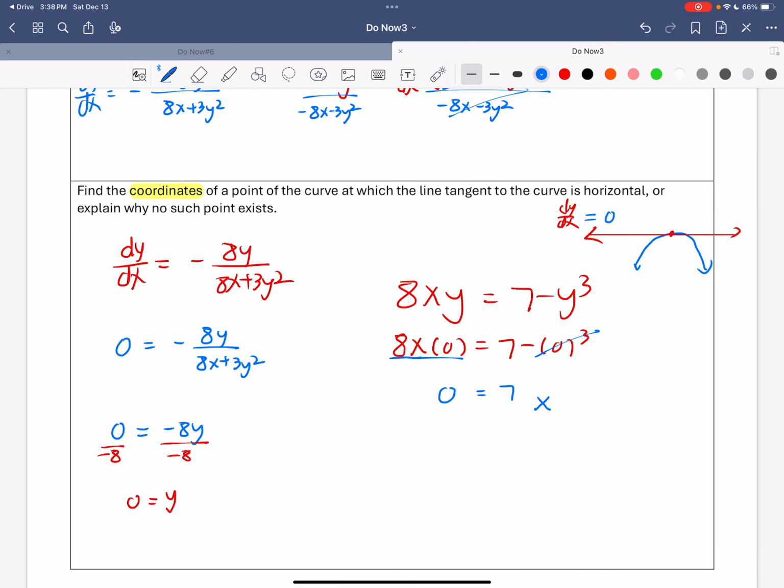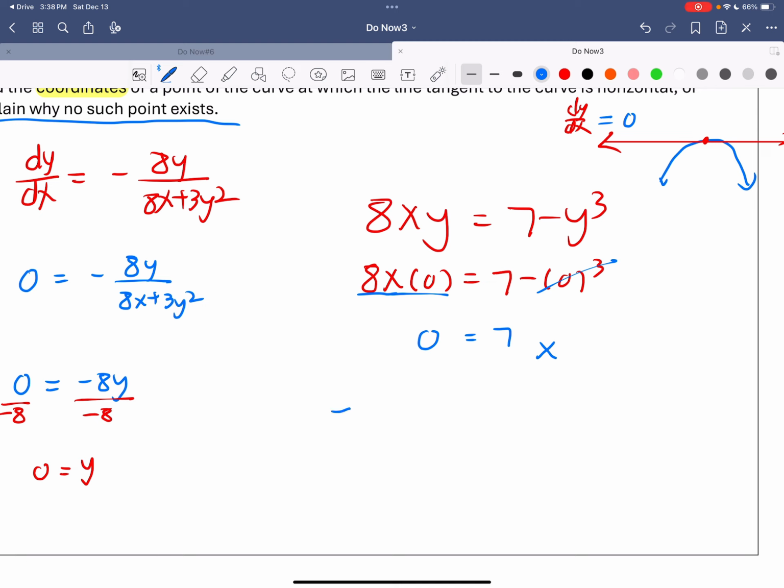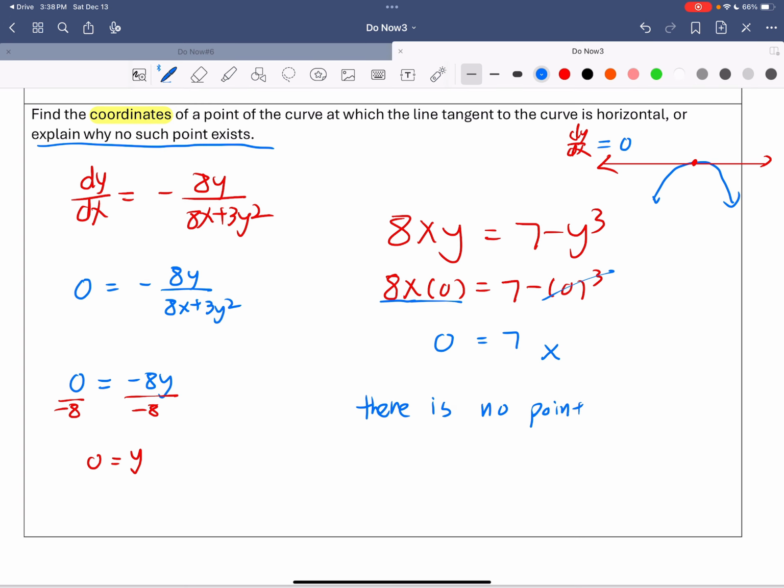So it's clear. Why no? There's no point of the curve. You can actually copy this one. There's no point of the curve at which the line tangent of the curve is horizontal, or there's no such a point.